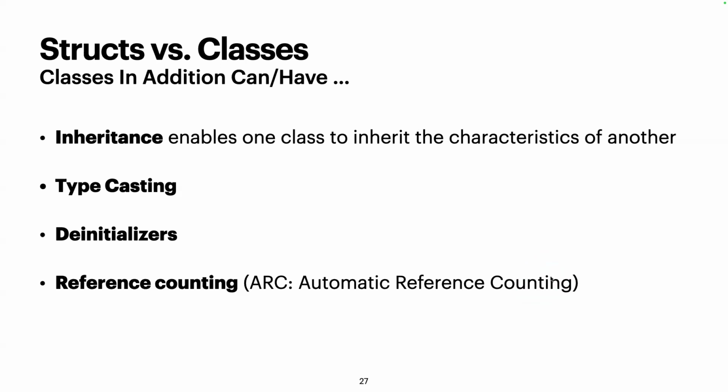But don't worry if that doesn't make sense. It's just some internal bookkeeping that Swift does that incurs more performance cost. So in a sense, it's just less performant than a struct. Structs are more lightweight than a class. Reference counting is another technique of garbage collection. You might have garbage collection in Java, for example. So it's just another technique of doing so.